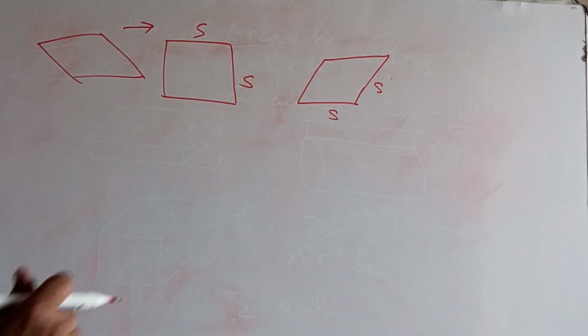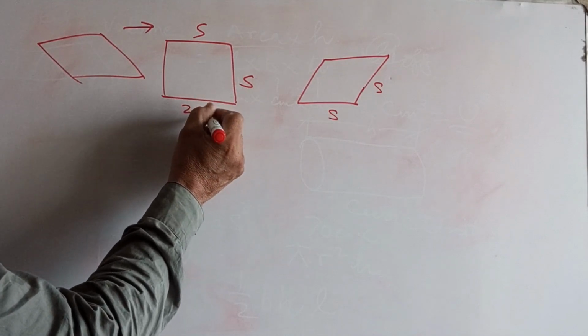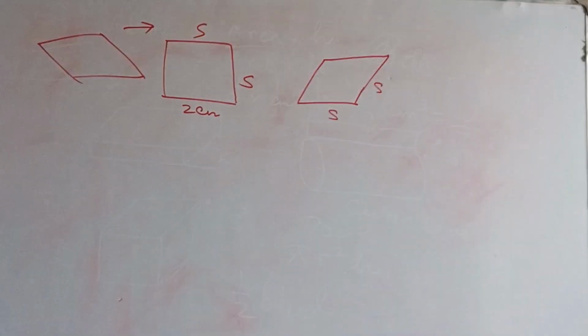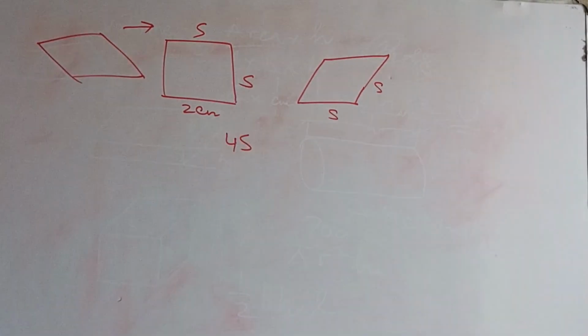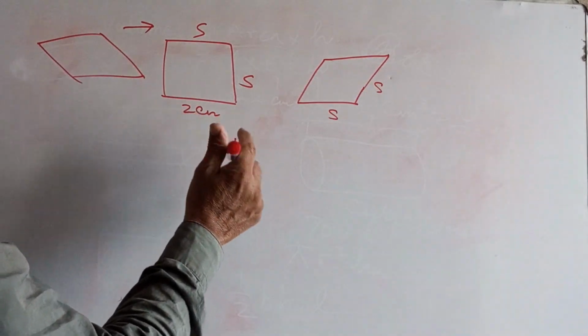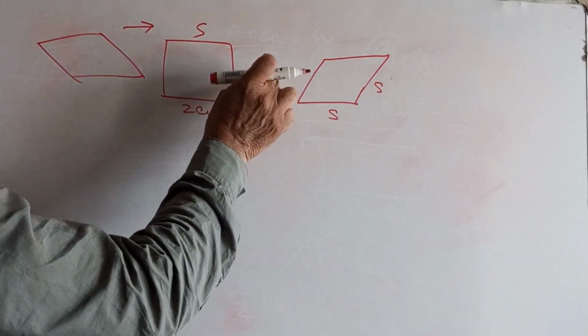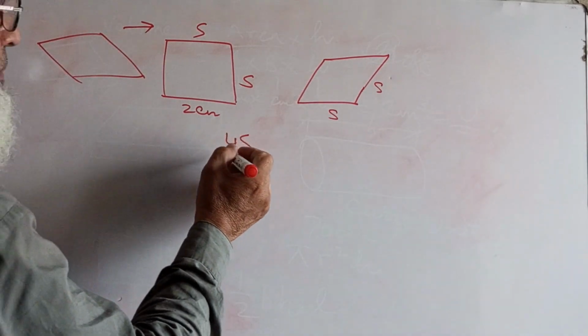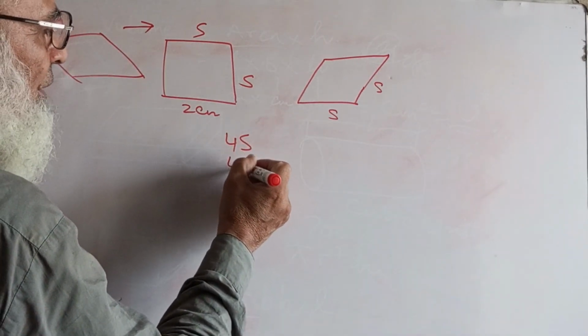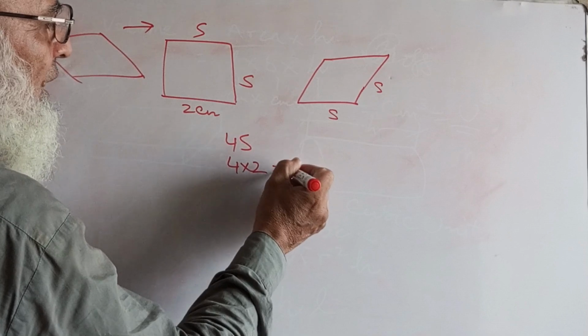If this is, for example, 2 centimeter, then all four are 2 centimeter. Perimeter was 4s, that means s plus s plus s plus s, that means 4s. Now it would be 4 multiplied by 2, that is equal to 8 centimeter.